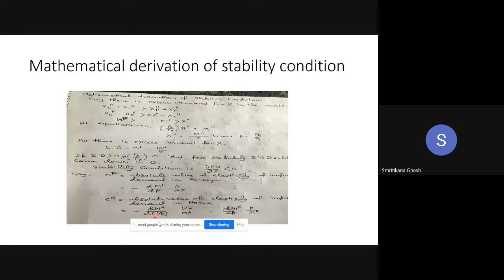Now look at this. EH is the absolute value of the elasticity of import demand in home. So it is written now. Look, dMH, d(1/P). Why 1/P?